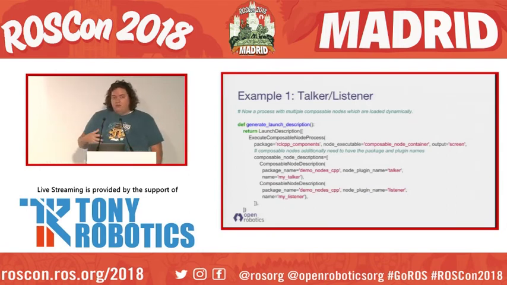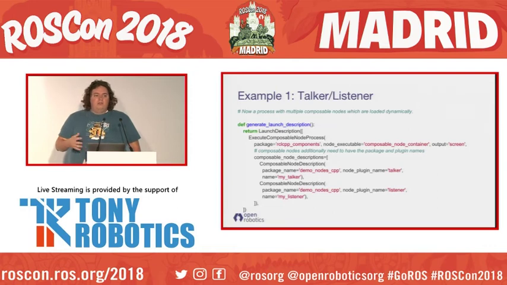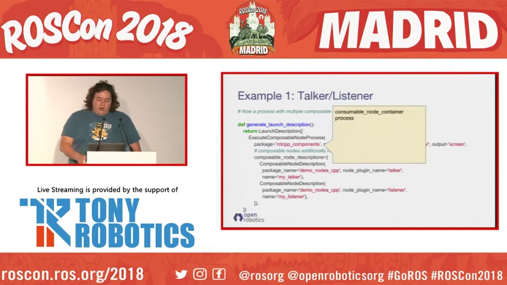We have this new thing as well. It's not really new, but it's a new way of doing basically the equivalent of nodelets. But instead, you just create nodes, and we can load them dynamically without any extra work. So what happens here is we're running this boilerplate container process, and then we're telling launch that we want to run in that process a talker and a listener and change some of the settings of it.